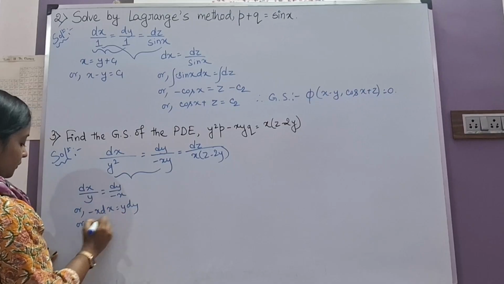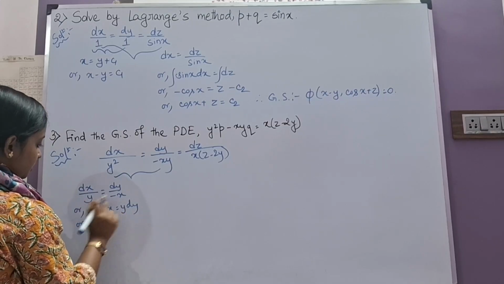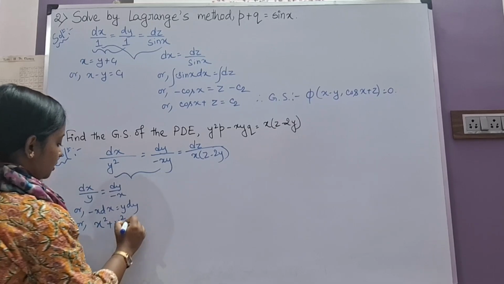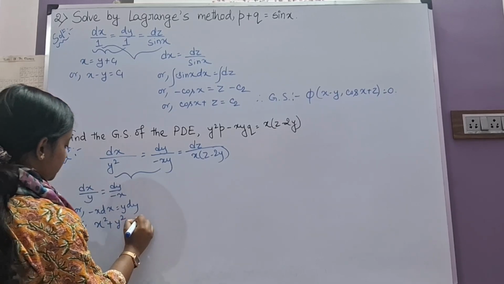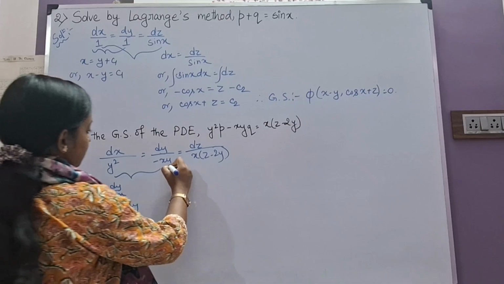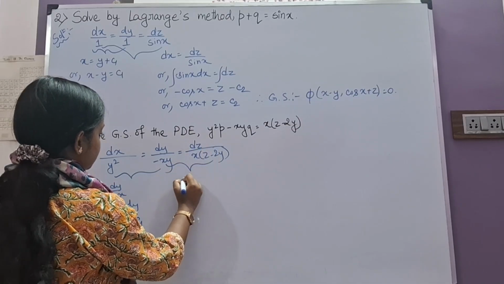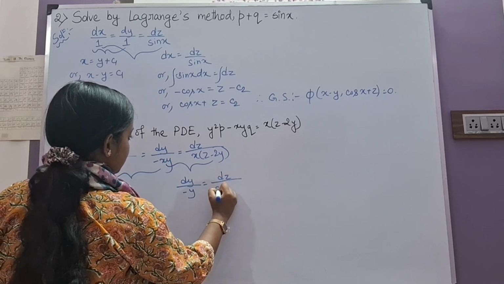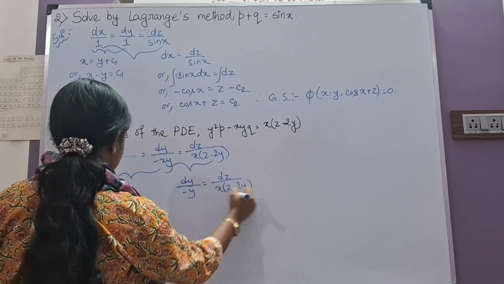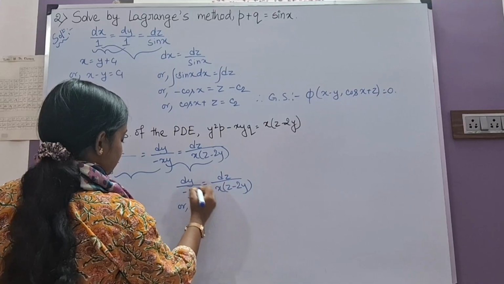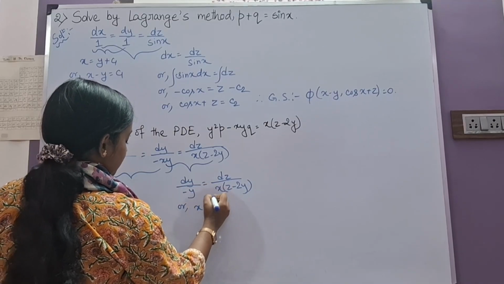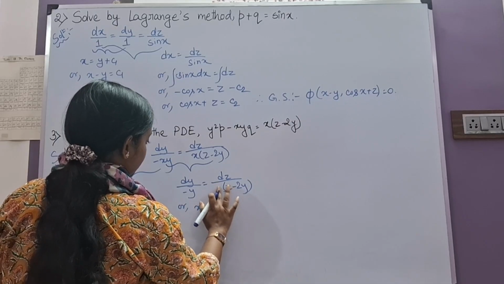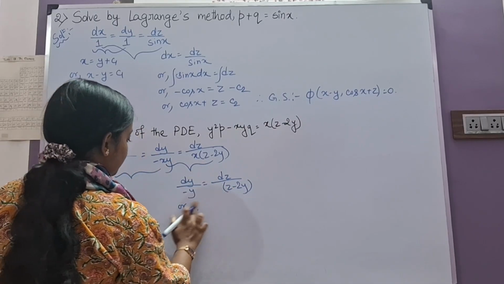or what we are going to get? x squared plus y squared, we are removing the 2 from the first only, equal to c1, and we are going to choose the last two ratios. dy by minus y equal to dz by x into z minus 2y, or here we are going to cut the x because we are removing x from both.